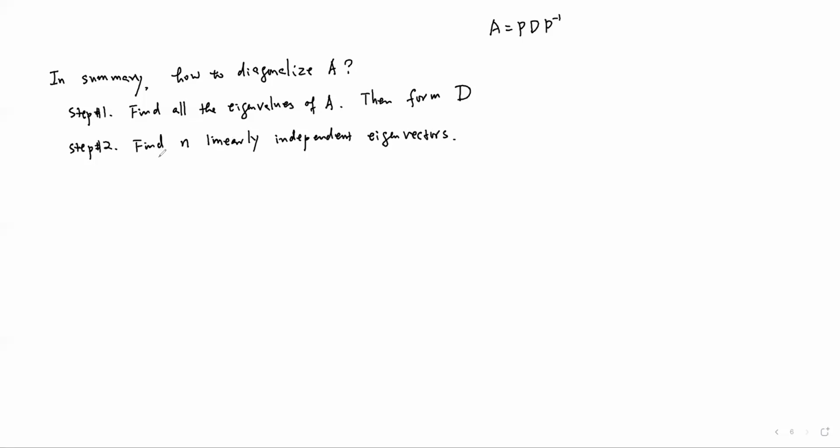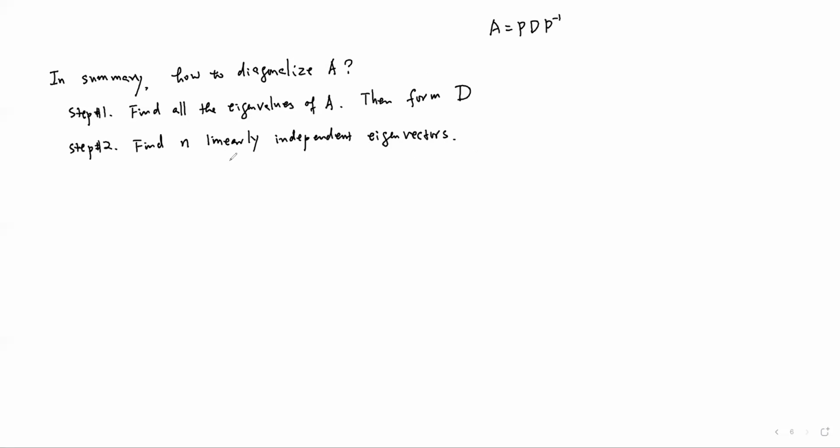Sometimes matrix A may not have n linearly independent eigenvectors. In that case, matrix A is not diagonalizable. Only when A has n linearly independent eigenvectors is matrix A diagonalizable.